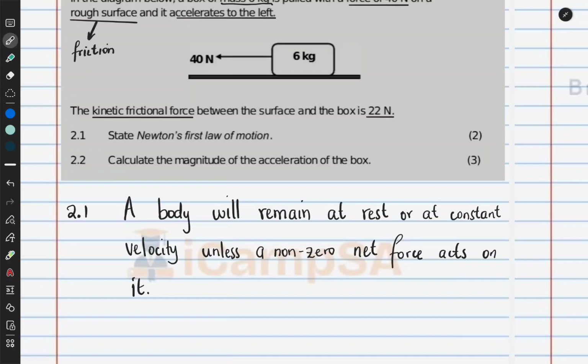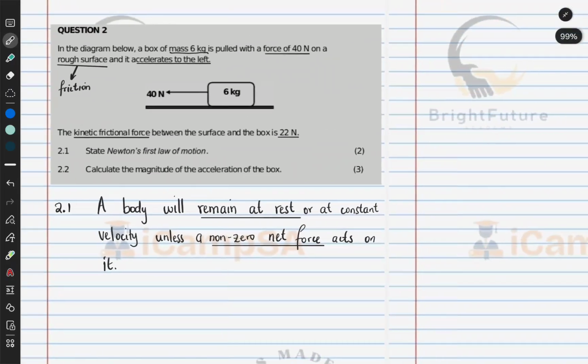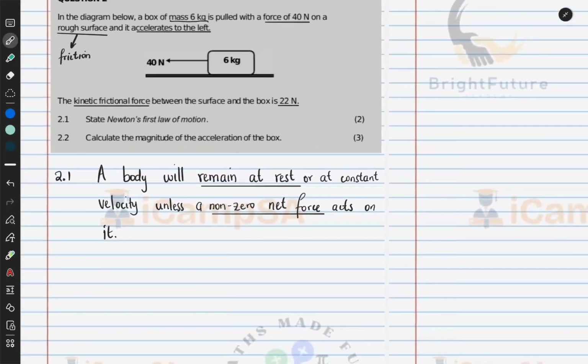Some use the unbalanced keyword, some use the non-zero net force keyword. Depends which one your teachers recommend, okay? But usually they all mean the same thing, and the keywords must always be there. Non-zero net force, remain at rest. So that's what you must always make sure you include in your definition. Otherwise, we don't know where you took that definition from.